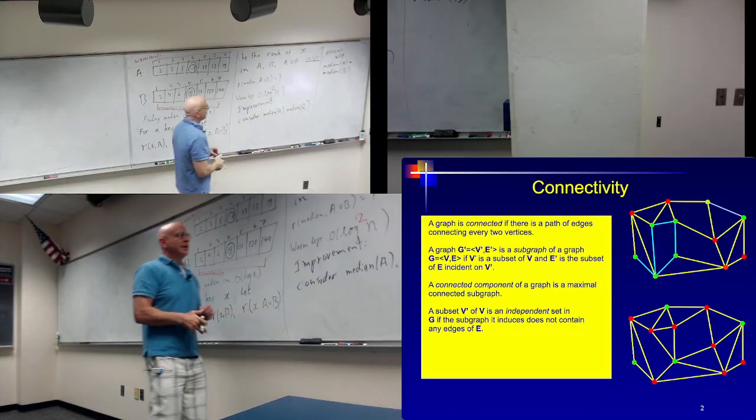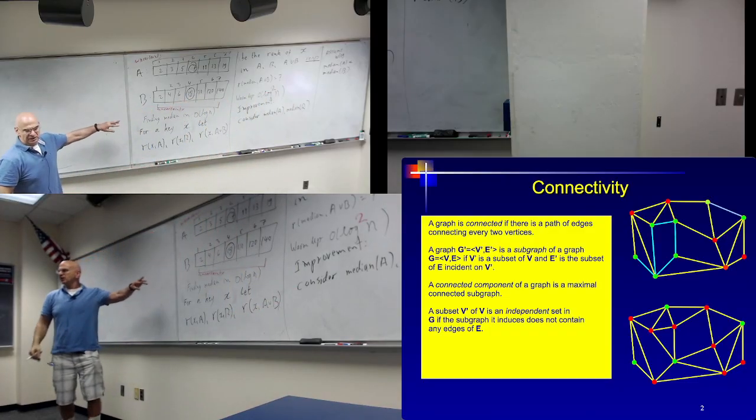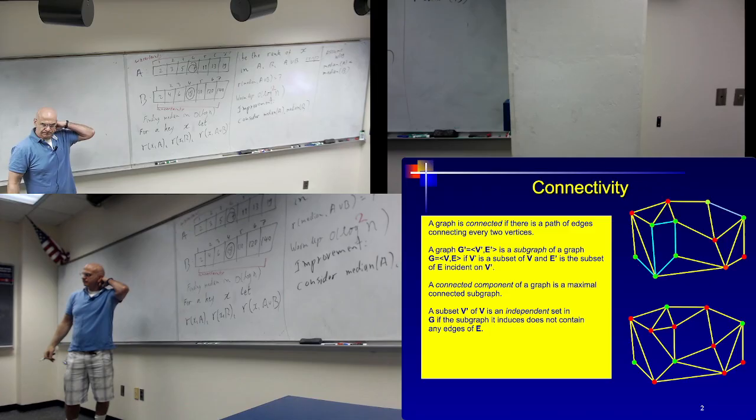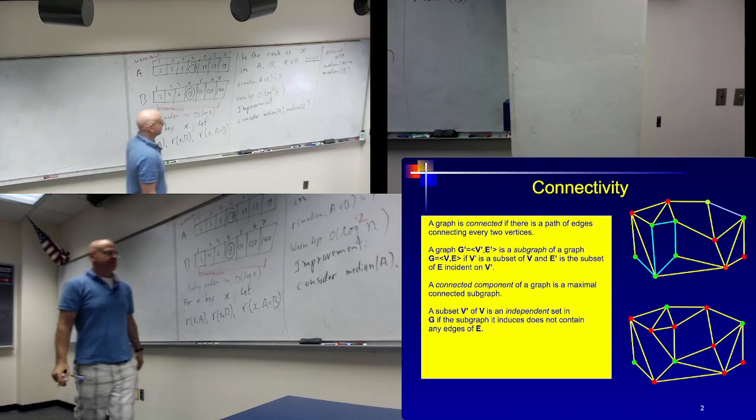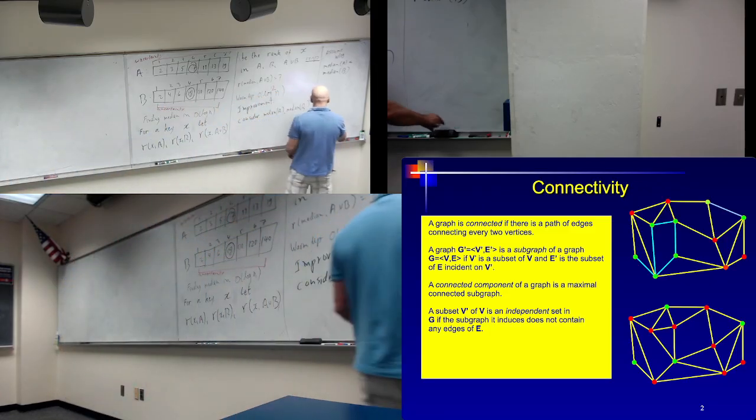Assume at the moment that the median of A is smaller than the median of B. Otherwise, I'll just switch roles.